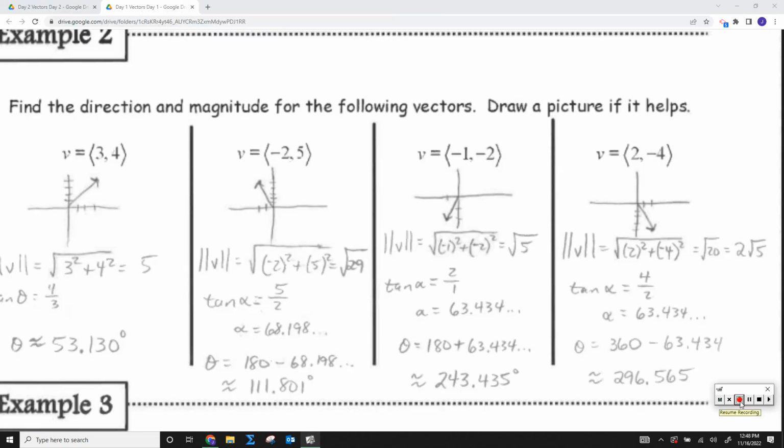Okay, so here's the deal. You had your 4 quadrants. Quadrant 1, the directional angle we found was the answer, wasn't it? Quadrant 2, we had to go all the way over, but we had some left over, so we had to subtract that from 180. Here's quadrant 3, the -1, -2 that you guys worked.